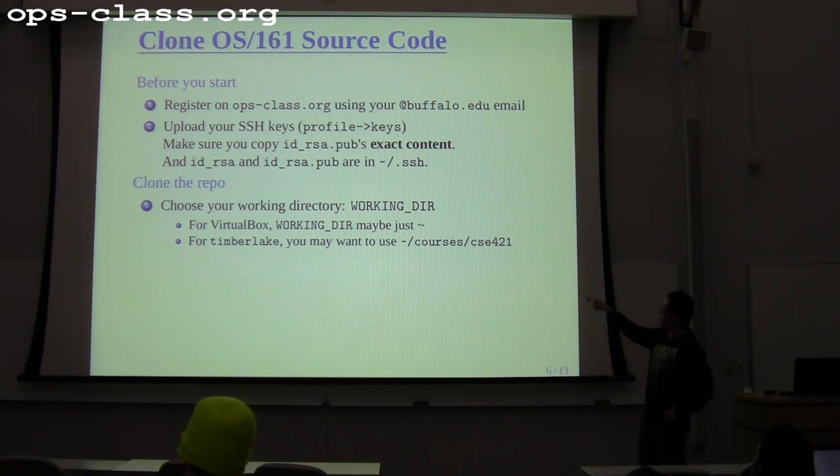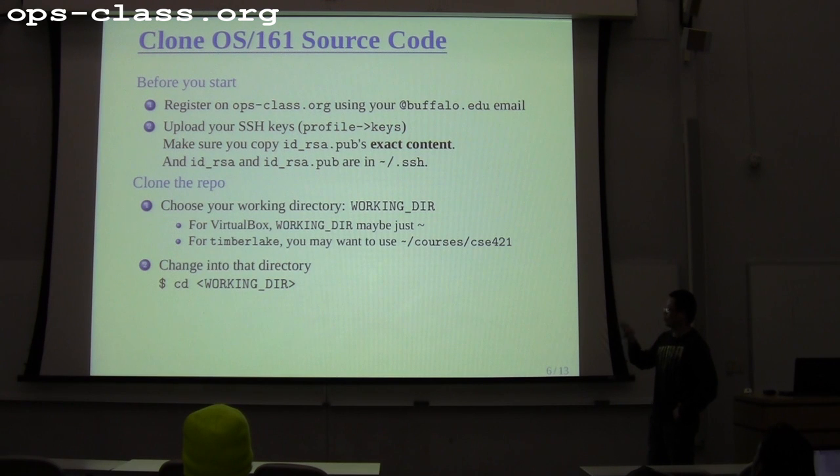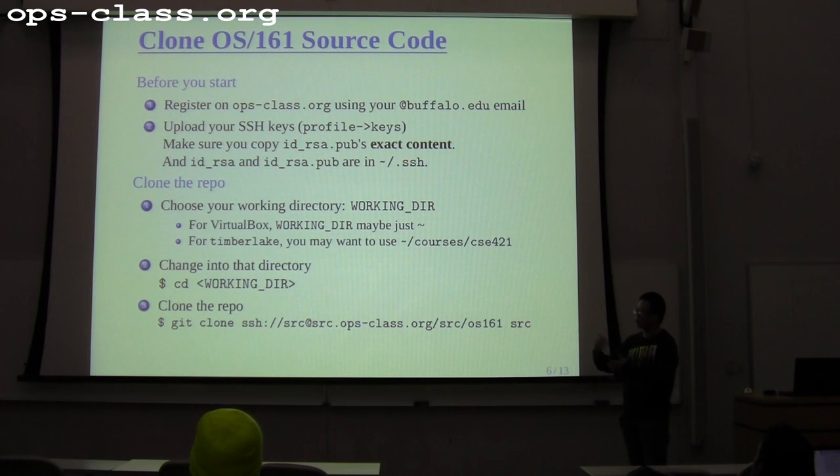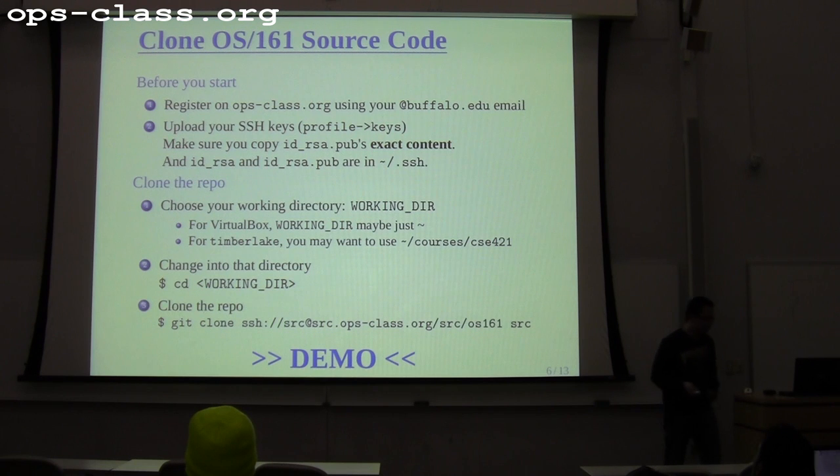In my case, I chose /courses/cx241. In this case, you may want to create another directory. Once you decide your working directory, first go to that directory and clone the repo. What this command does is grab all the source code from the opsclass.org website and save it locally in the src directory.